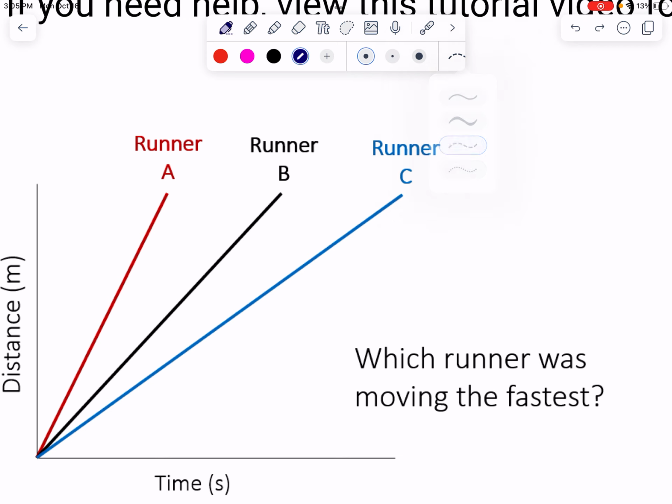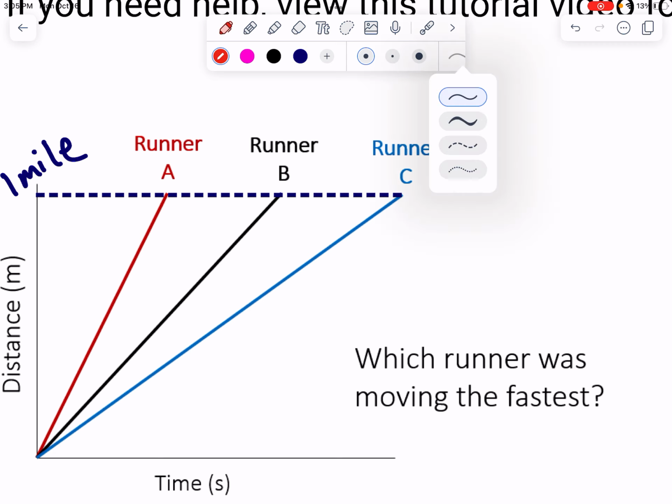So each runner, we'll just call it a mile. Each runner has now run 1 mile. The question is, who ran that 1 mile the fastest? Or who did it in the least amount of time? If we look at each of these lines here, we can see runner A finished at whatever time this would be.